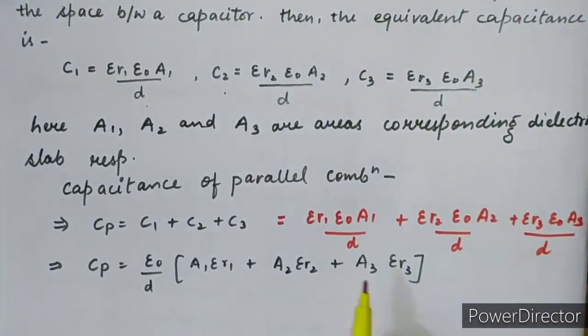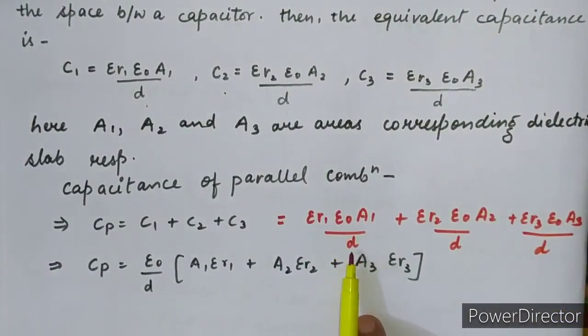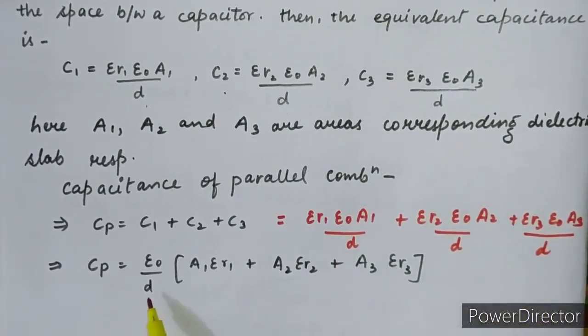Now epsilon naught and D are common in all three terms, so we take them common. So Cp equals epsilon naught upon D, multiplied by (A1 epsilon R1 plus A2 epsilon R2 plus A3 epsilon R3).